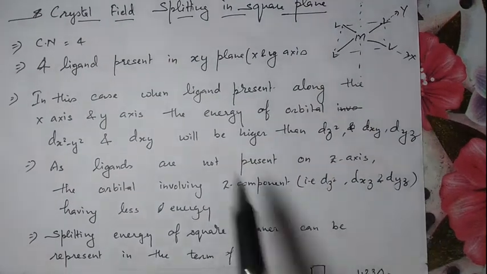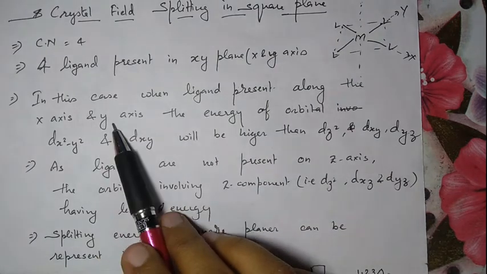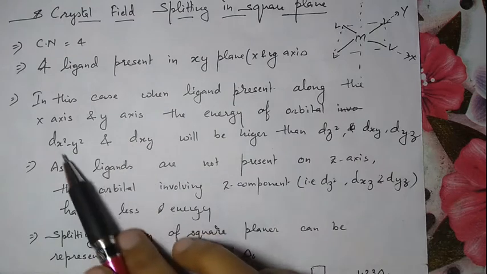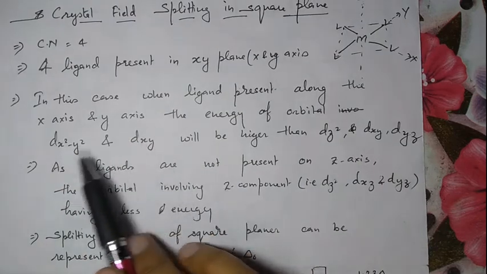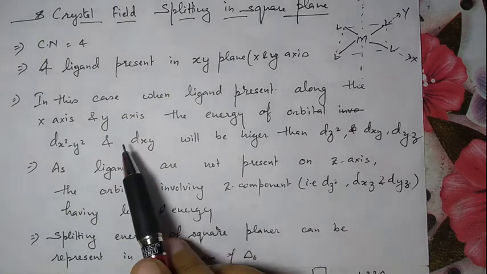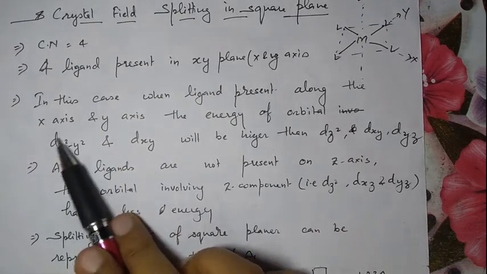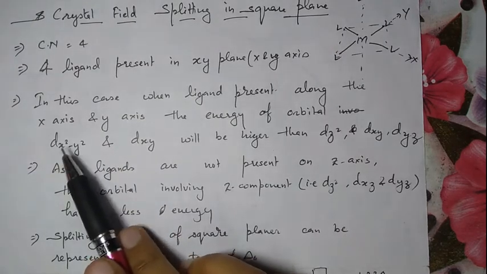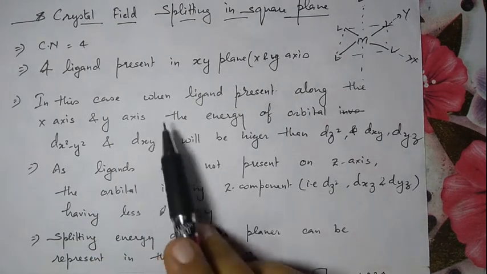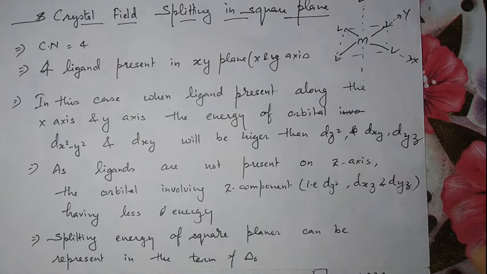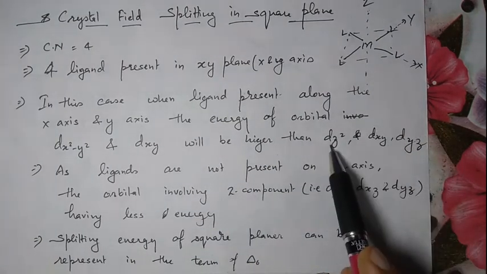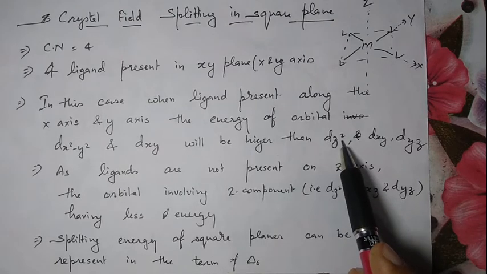In this case, when ligands are present along the x-axis and y-axis, the energy of the orbitals involving the x and y axes, whose lobes are present on the x-axis and y-axis, or in between as in xy, will be higher than the dz square orbital.